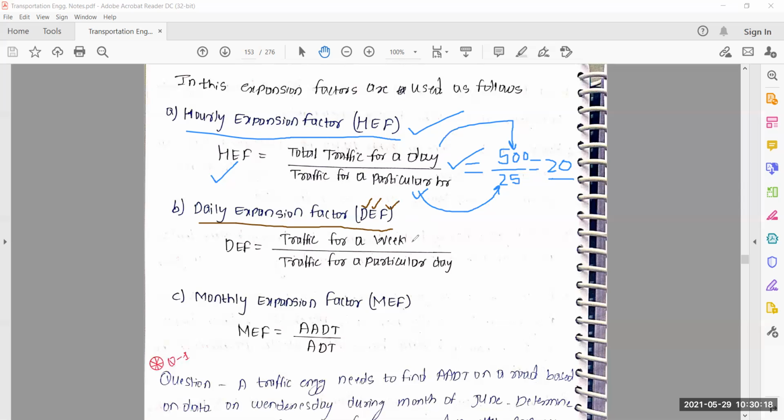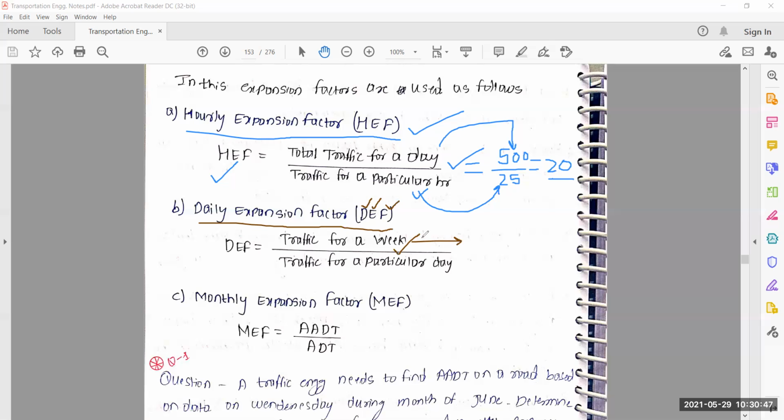Traffic for a week means throughout a week, not weekend. Here carefully see, traffic volume for a week means we include Saturday and Sunday in the traffic volume counting. So from Monday to Sunday, we count traffic and find out the daily expansion factor.